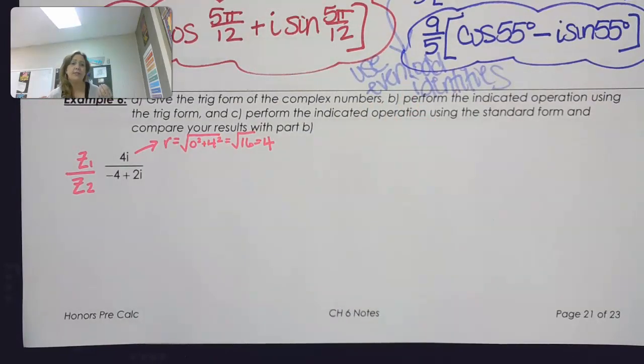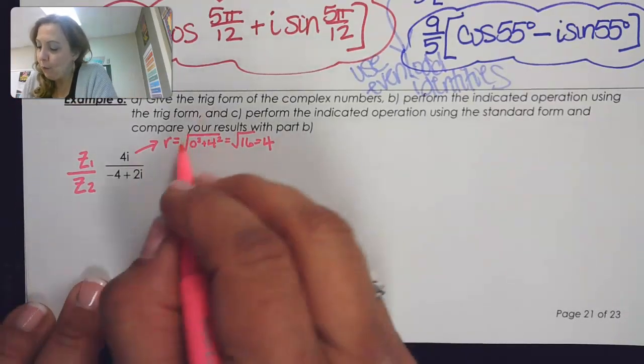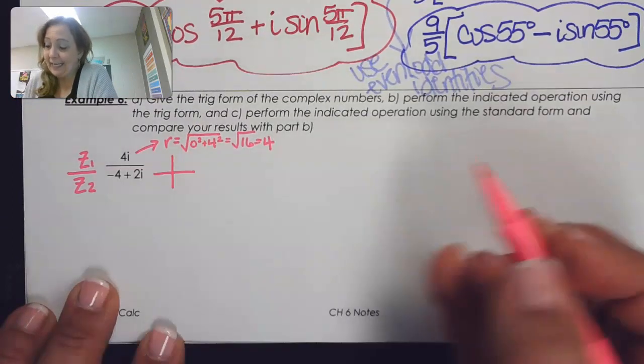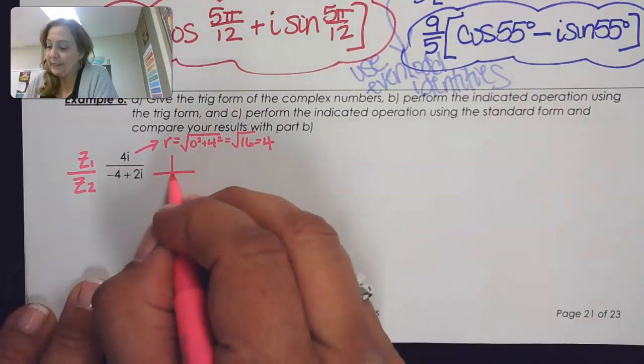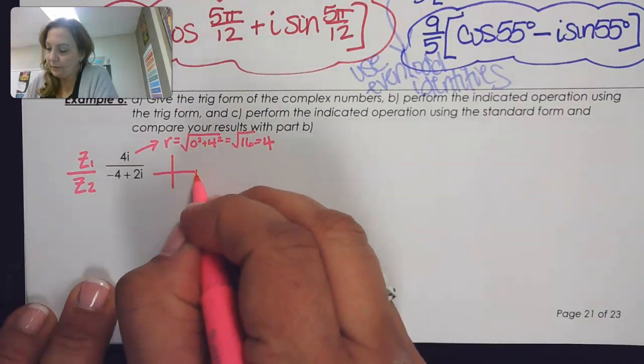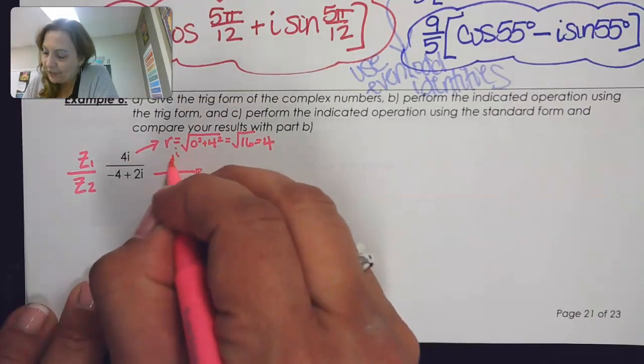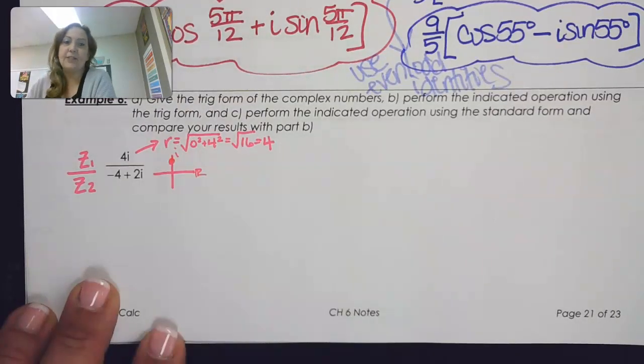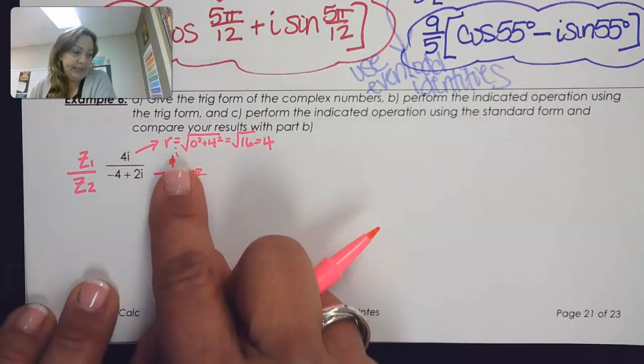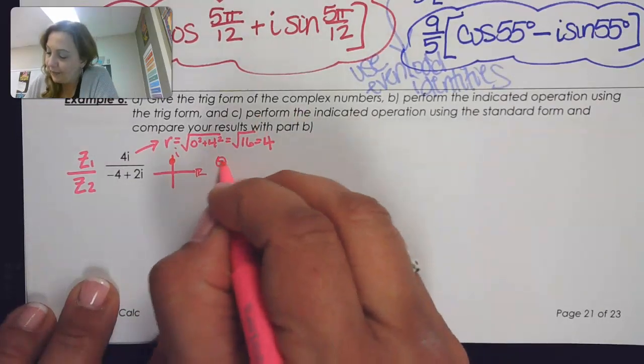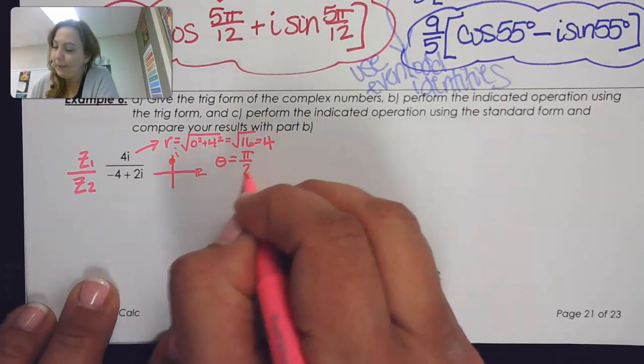The other thing you could do is think about where 4i is going to land, and you can tell that's going to be 4 units away, okay? Also, when we think about where 4i lands, 4i means 0 on the real, and 4 on the imaginary axis. And so we don't have really a lot of work to do. We can tell right away that our theta is going to be pi over 2.